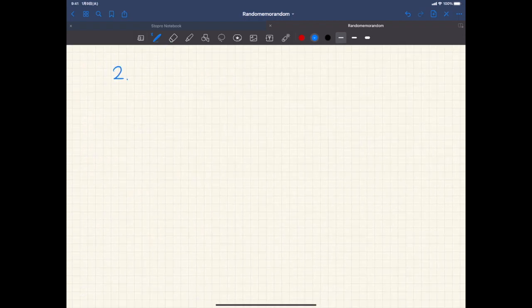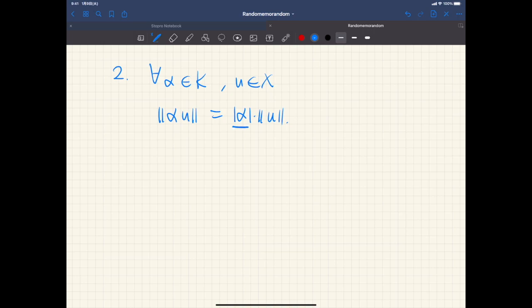And the second condition: for all alpha in K, so that's a scalar, and u in X, we have the norm of alpha u is the absolute value of alpha times the norm of u. So it's kind of a linear operation, but it's not really linear, because we have the absolute value here.